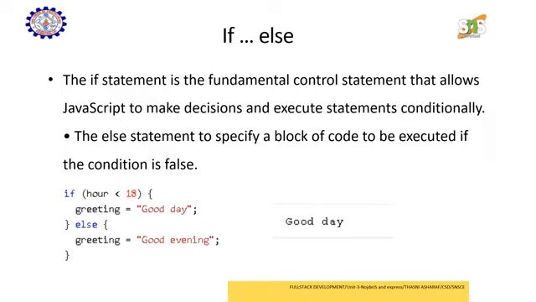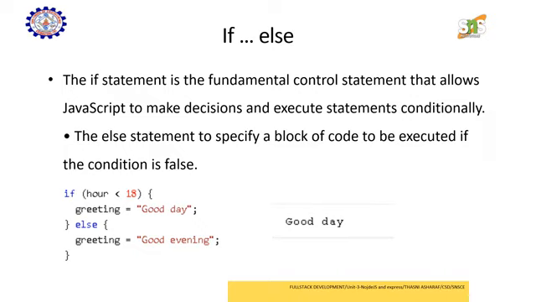So we can see what the if else statement is. The if statement is a fundamental control statement that allows JavaScript to make decisions and execute statements conditionally. The else statement specifies a block of code to be executed if the condition is false.